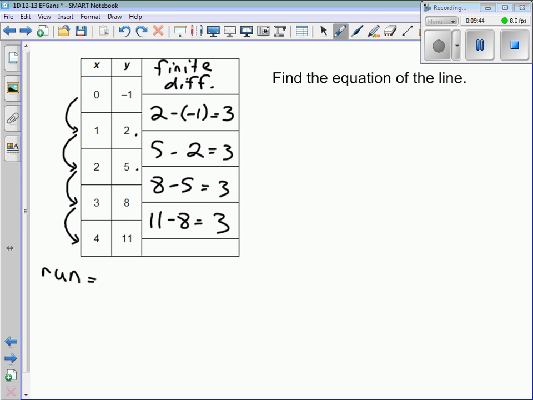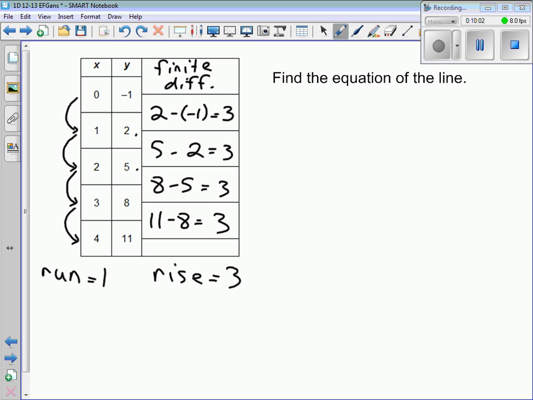Our run is 1 because x is changing by 1 every single time. The finite differences represent how much y is changing by. That's kind of like our rise, how much the thing is going up by or down by.